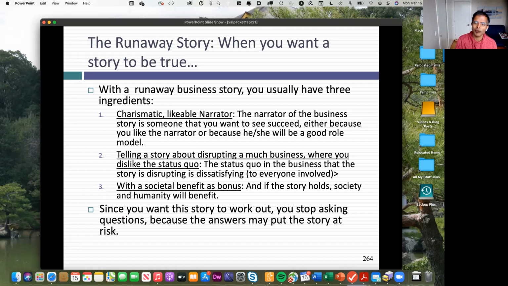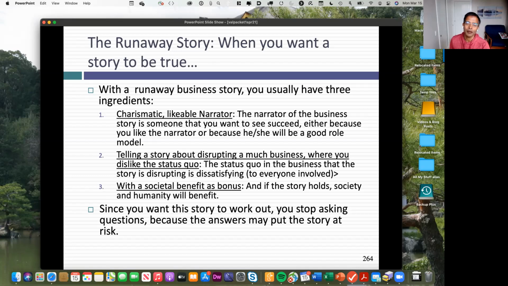Likable less so than charismatic. Second, they're telling a story about disrupting the world, and they're disrupting a business you don't like. It's a business you've never liked the way it's done, and they tell you how they're going to disrupt it. And as a bonus, they also tell you that if the story comes true, the world will be a better place. They tell you about all the social good that comes out of that story.